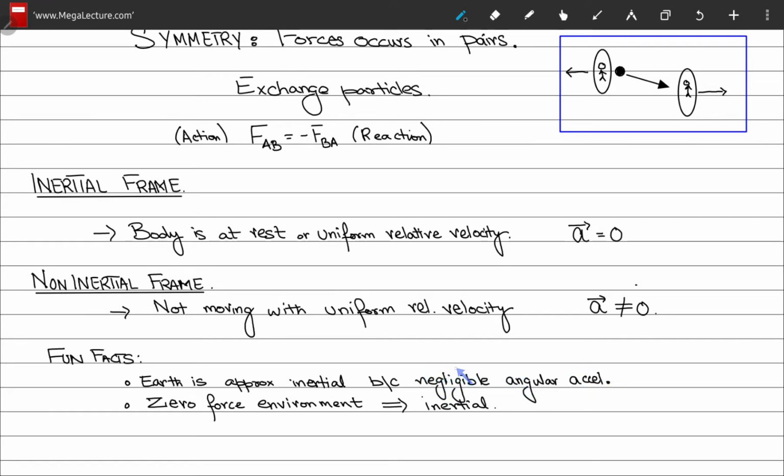Moreover, if you had an environment where zero force is acting, that means only an inertial observer can be in that environment.